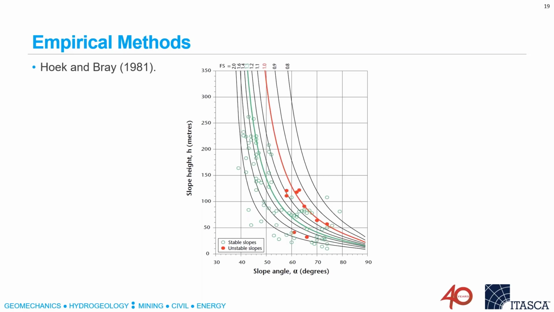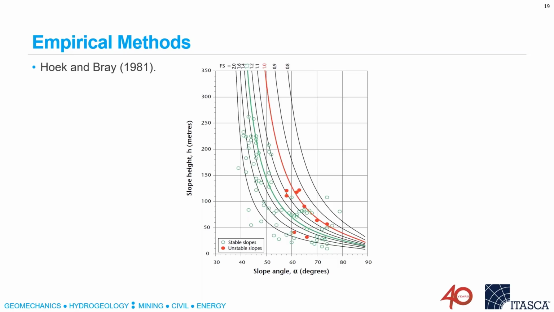One of the characteristics of all empirical methods, not just slope stability, is that they're not perfect. We have points out here which are stable, which we might think should be unstable, and we have the opposite. We have some points over here which are unstable, which should have a safety factor of 1.6.